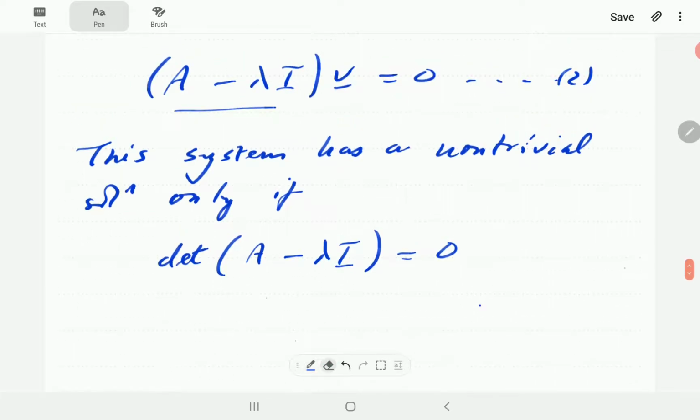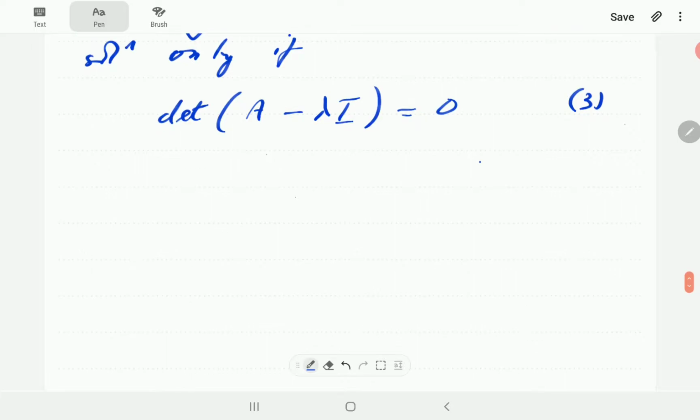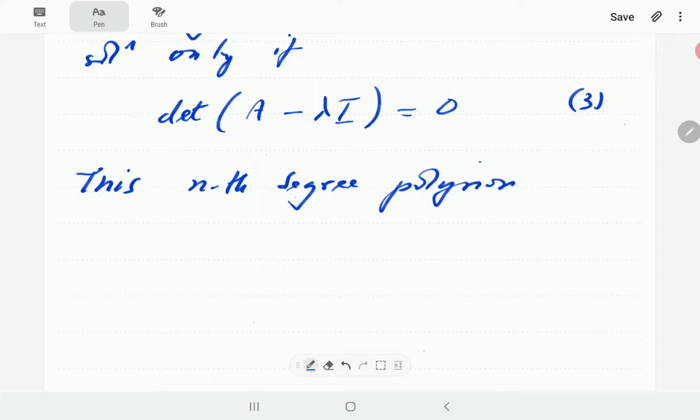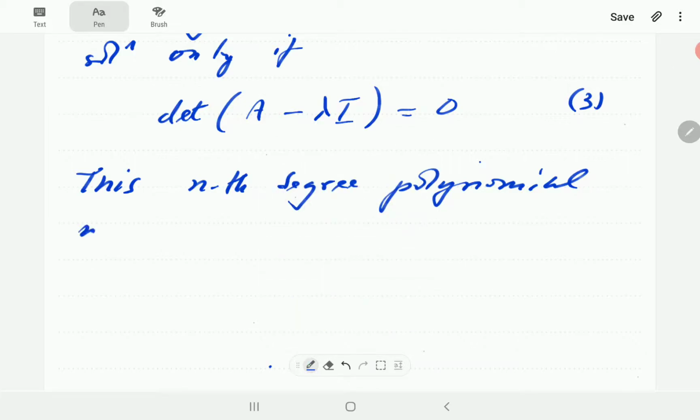This, let's call it equation number 3. Equation 3 is going to be an nth degree polynomial, and the unknown here is lambda, of course. So it's going to be an nth degree polynomial in lambda.